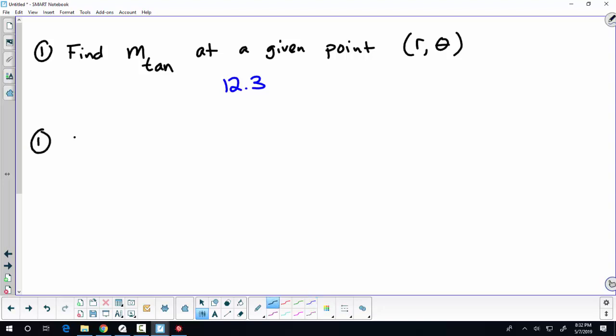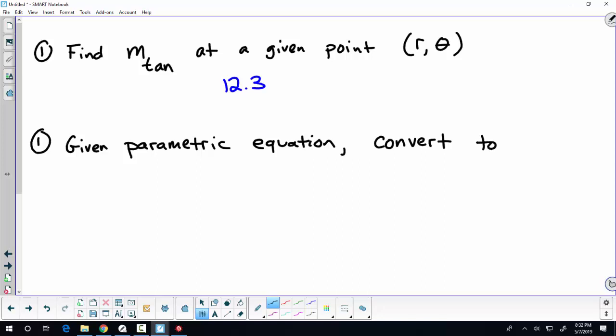There's one question where you're given parametric equations. You have to convert to Cartesian.